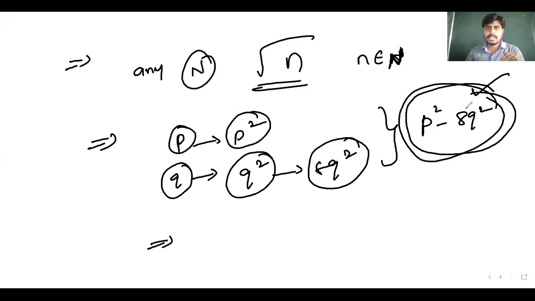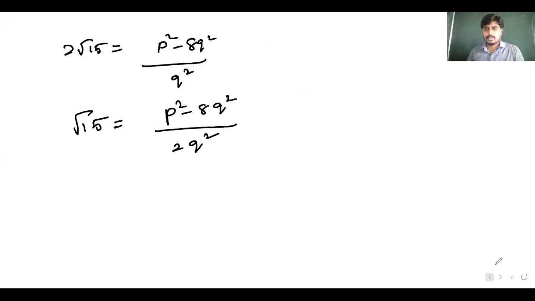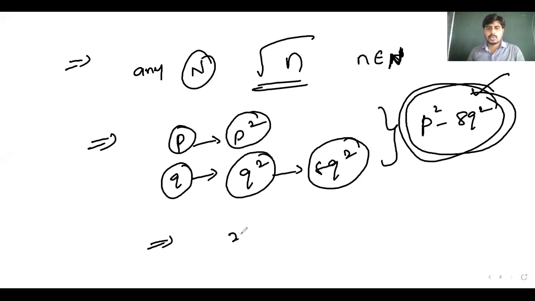Clear? Any doubts? p square minus 8q square is an integer, and q square is an integer, so 2q square is also an integer, right?